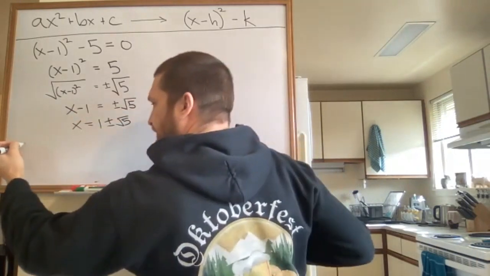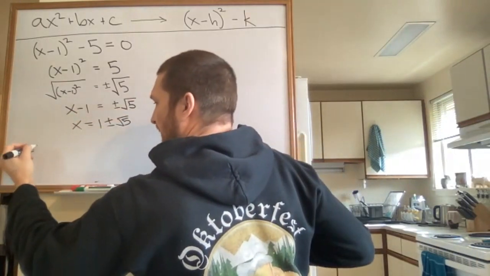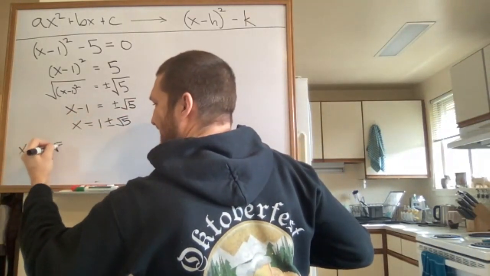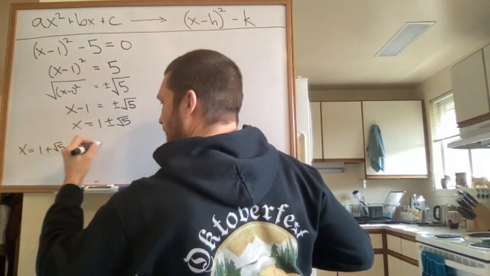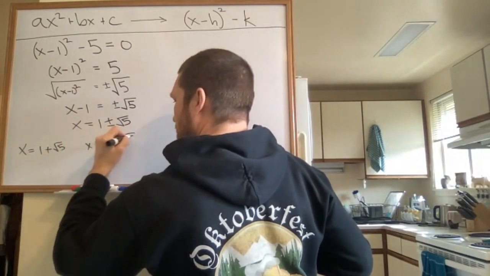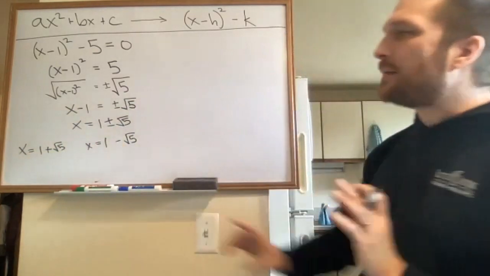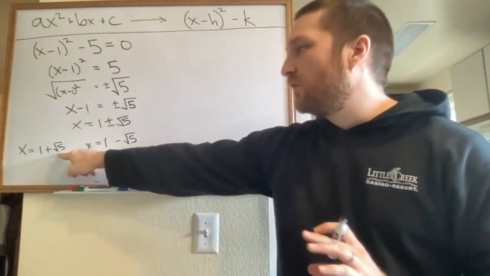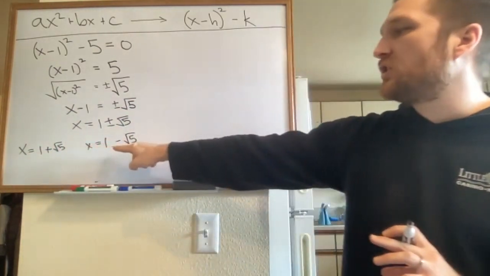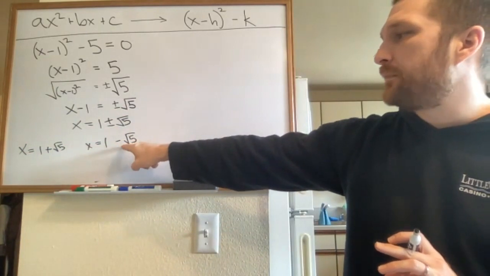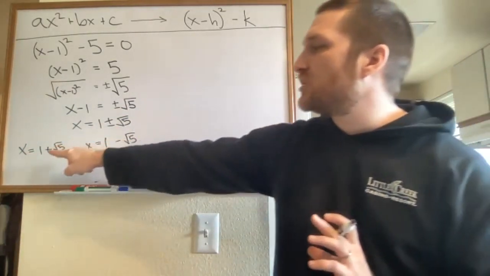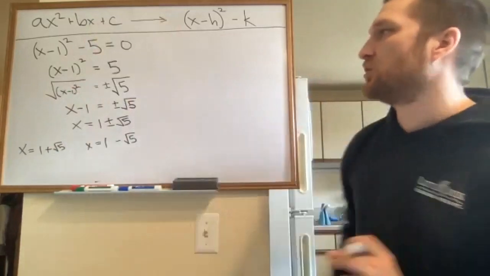And so I'm going to write that as two distinct numbers here. Here are two distinct solutions. And what I'm going to do is I'm just going to check the first one. For your homework tonight, you are going to check this one right here. But right now, let's just check the first one and make sure it works.